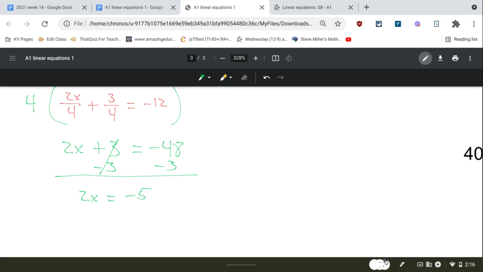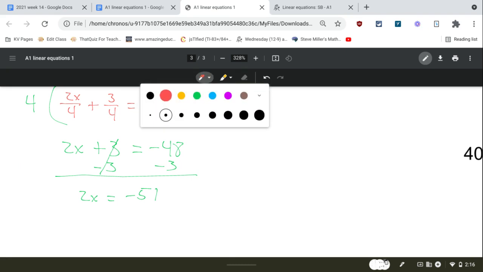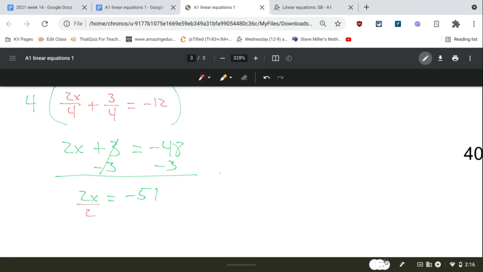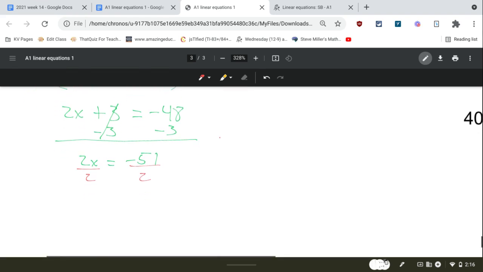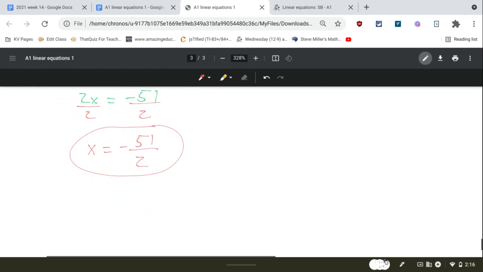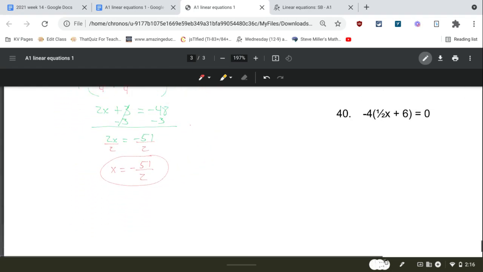It's negative 51. And then you would divide by 2, and you'd have it. So x is equal to negative 51 over 2, which is like 25.5. All right, I think that's it for this one.